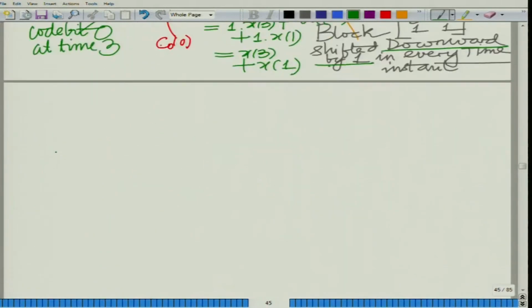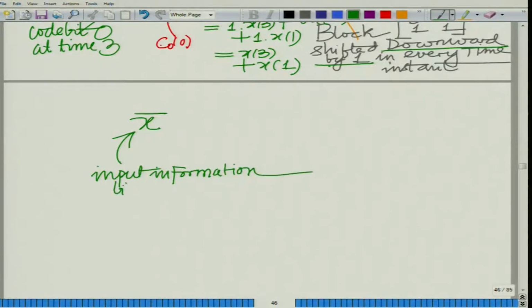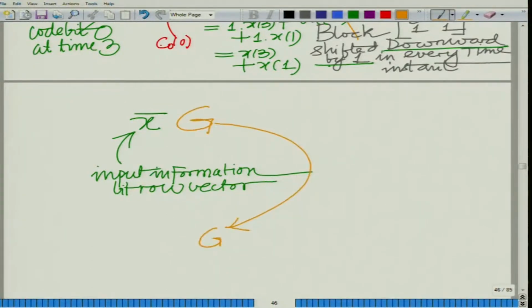So, I can take the input row vector x bar and multiply it by the generator matrix G, and this is equal to C bar.